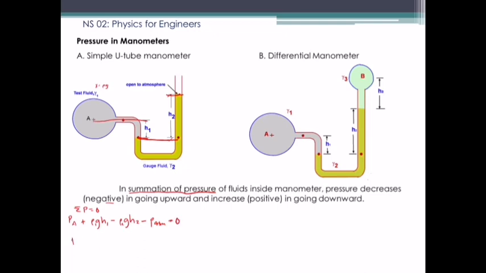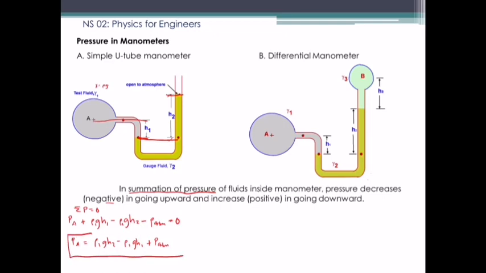So if in the problem you are trying to get the pressure at point A, PA is equal to rho 2 GH2 minus rho 1 GH1, plus P atmospheric. In this case, the answer obtained for PA is an absolute pressure.